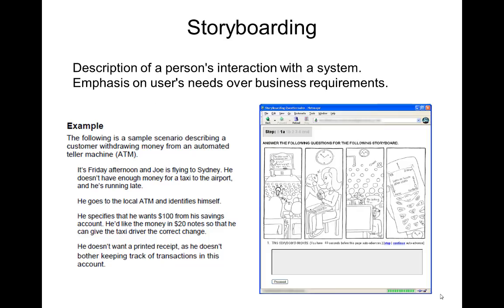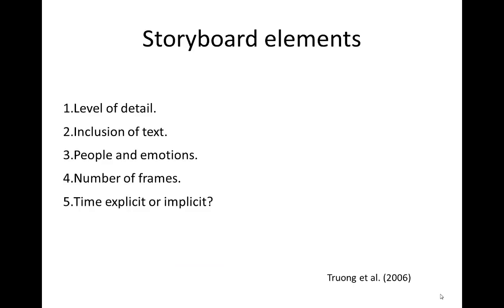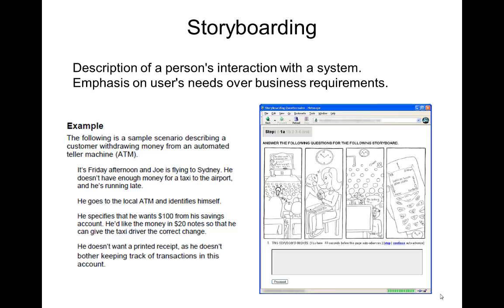Okay, these storyboard elements. Truong et al., 2006, had a look at storyboards, and they got both professional people who draw storyboards as part of their working life, and some novices, almost certainly students, to draw storyboards as well.